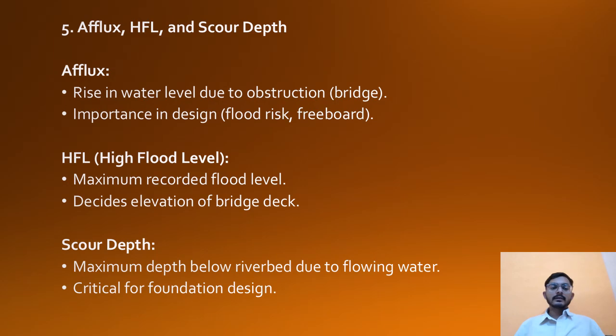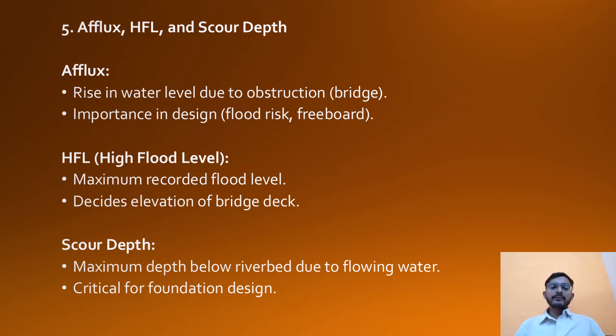So let us now discuss afflux, HFL, and scour depth. What is afflux? It is the rise in water level due to obstruction. If the bridge is built over river valleys, then the rise in water level occurs at the time of rainy season or floods, and its importance in design is that flood risk and freeboard should be considered while designing the bridge.